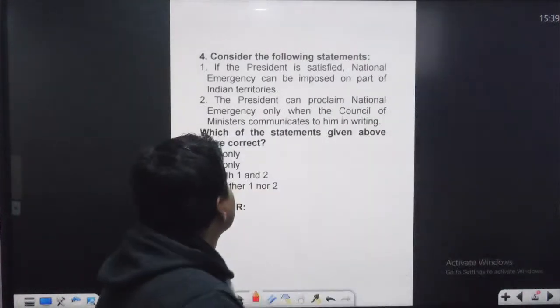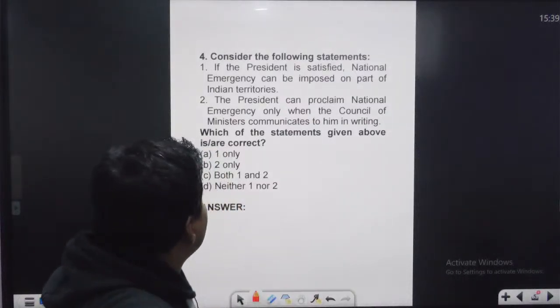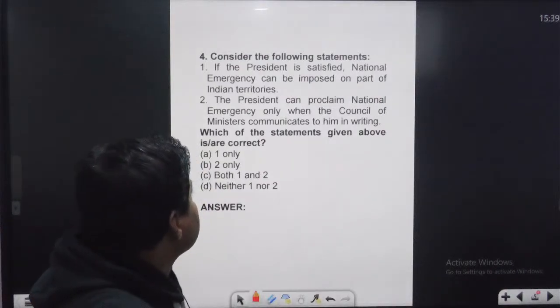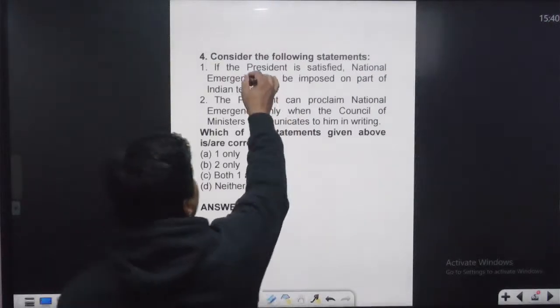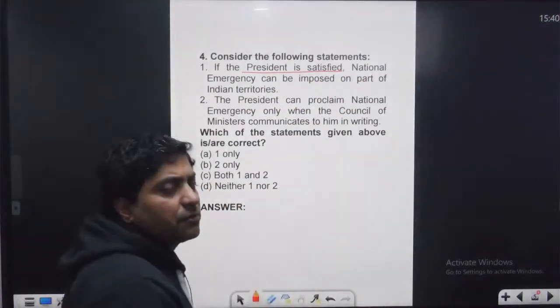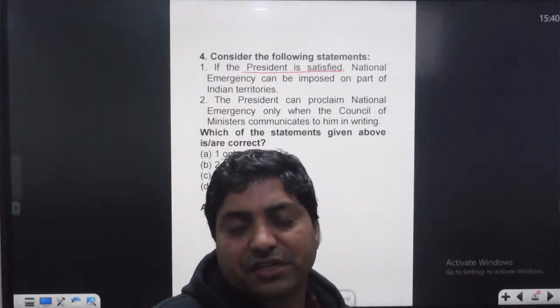Now see the fourth question. Consider the following statements. If the president is satisfied, national emergency can be imposed on part of Indian territory. But you know, the satisfaction of the president is not final.